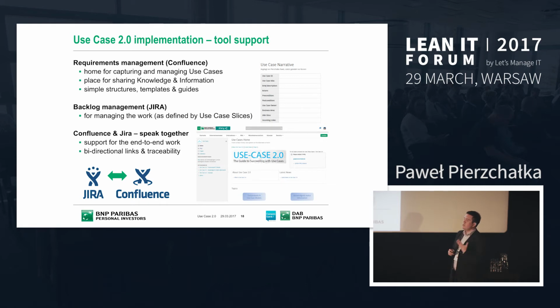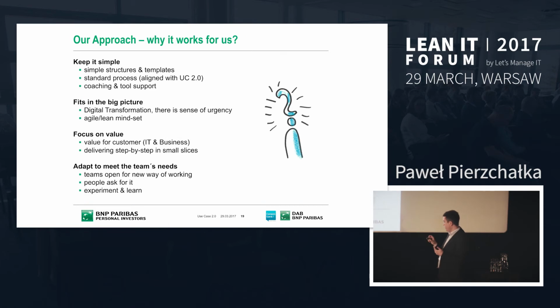This is beneficial for the different stakeholders, because the business people see what's happening with the functionality they requested, and the developers can see through the linkage the source requirements which drive them to do these development tasks.